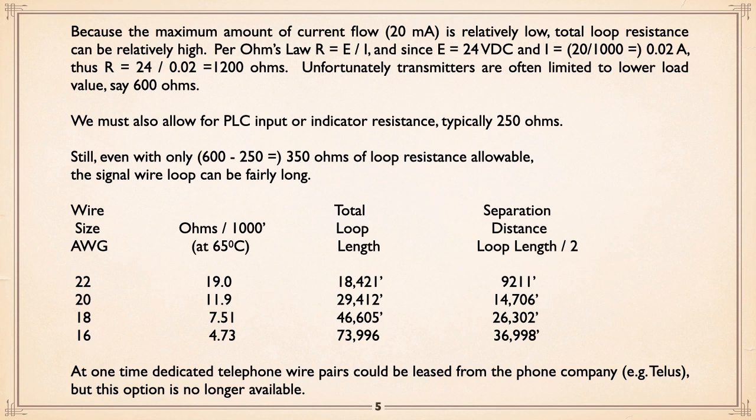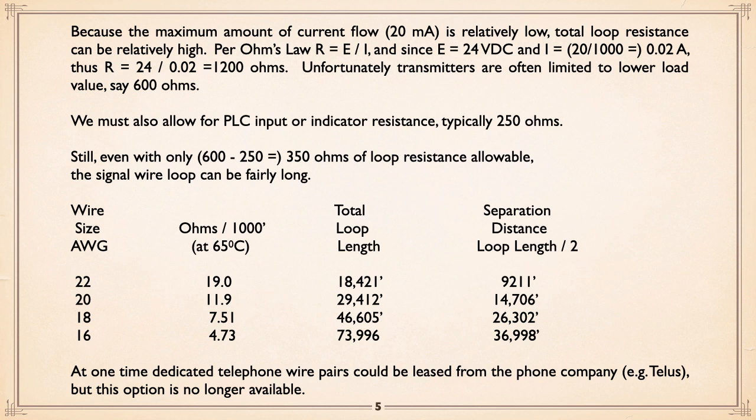But you can see the values as the wire gets bigger, 20 gauge, 18. By the time you get to 16 gauge, with that 350 ohm max resistance, you can have a total loop length of 73,096, call it 74,000 feet. Divide that by 2 and you're up to 37,000 feet, which is quite a healthy distance.